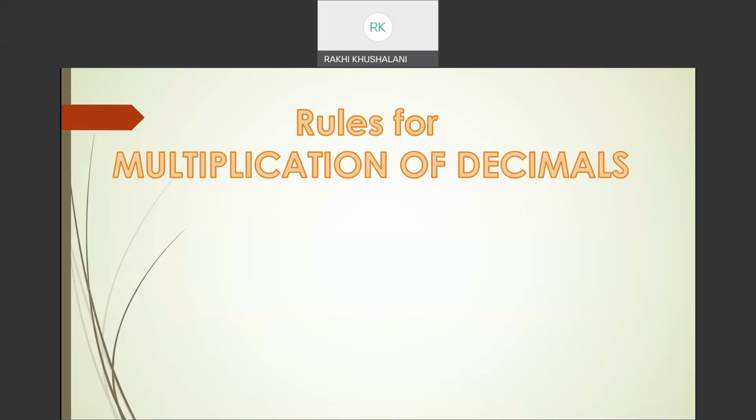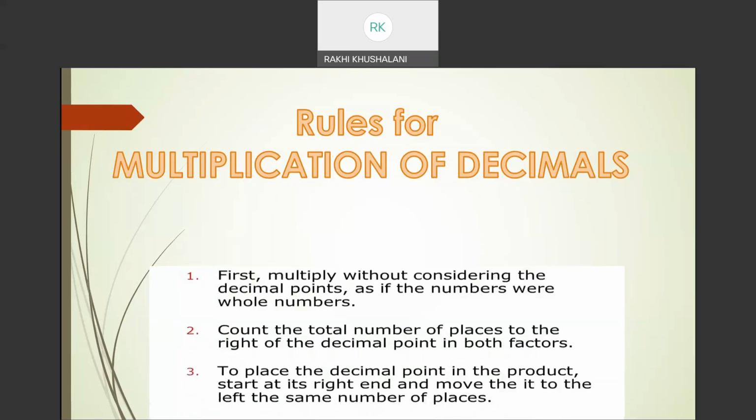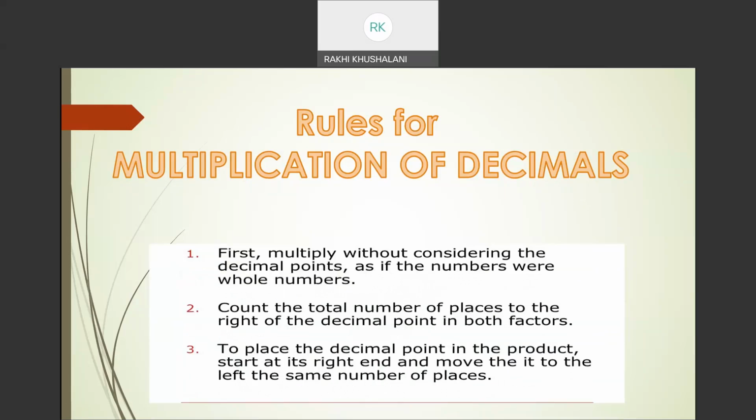So it was on multiplication of decimals. The first topic that children were asking me was multiplication of decimals. Now, multiplication of decimals is very simple. The first step you should know and remember, as I had told while explaining the topic, is to first multiply without considering the decimal points.